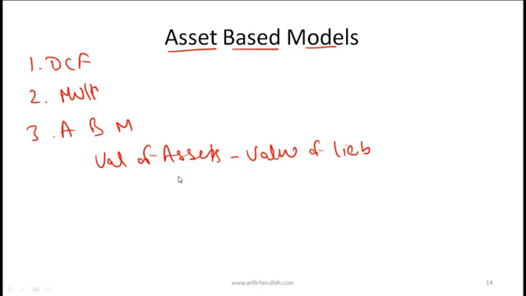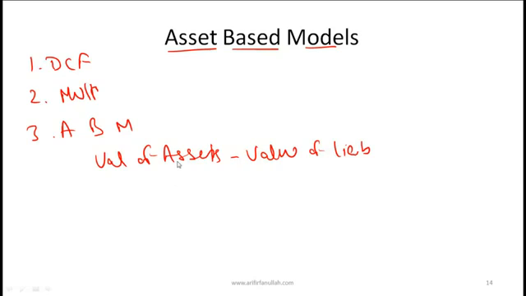This model is relatively easy to use if the market, and obviously here we would be more concerned with the market value of assets and market value of liabilities. Why? Because book value of assets might be very different from market value, and clearly if you are valuing a company, you are concerned with the market values.